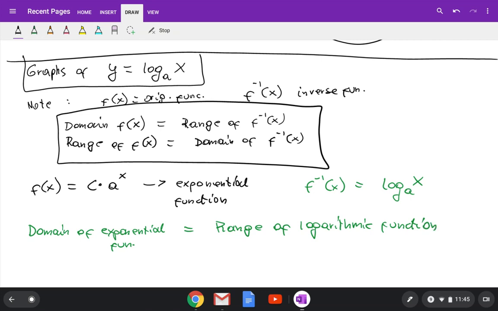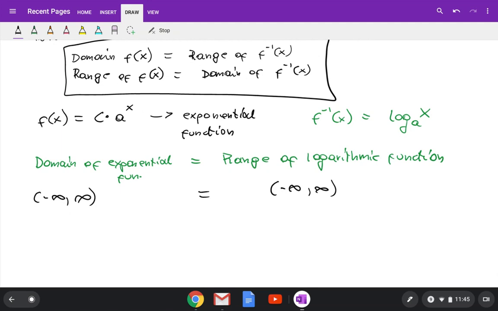The domain of the exponential function was from -infinity to infinity, which means the range of the logarithmic function will be from -infinity to infinity. So that's one.